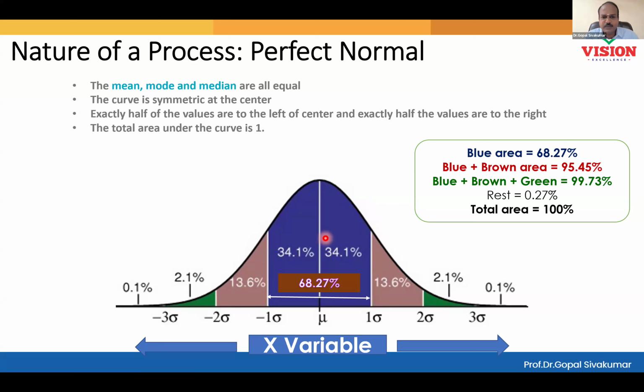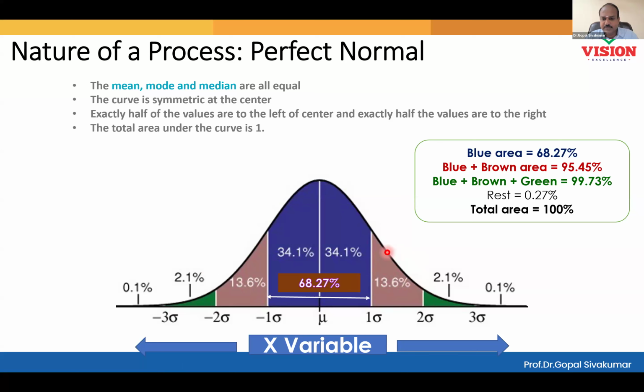Whenever a process is designed and allowed to run the way it is designed, you can expect normality in your data, right? And then all these rules, 68.27, 95.45, and 99.73. And to the extent possible, it is divided. And whichever is the area of your interest, there is a probability. Can you see that?